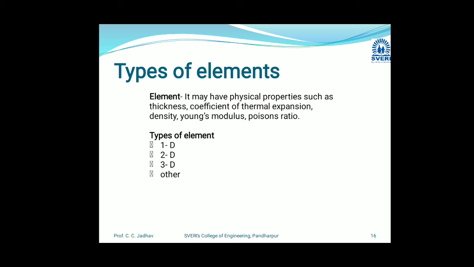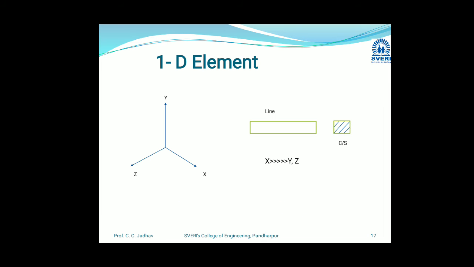So we will see the types of elements. First is the one-dimensional element. Now you can see here x, y, z, that is a coordinate system. In the first example of the one-dimensional element, that is a line which has only one dimension. That's why we have written that x is far greater than y and z. So one of the dimensions is far greater than the remaining two dimensions. Basically, a one-dimensional element is used for meshing, and the element shape in one dimension is a line only.